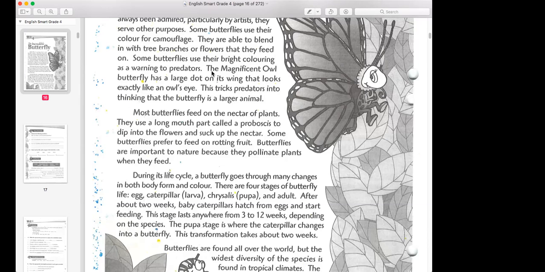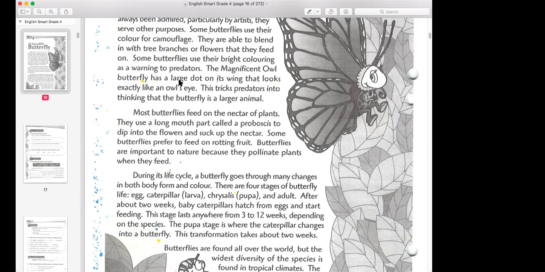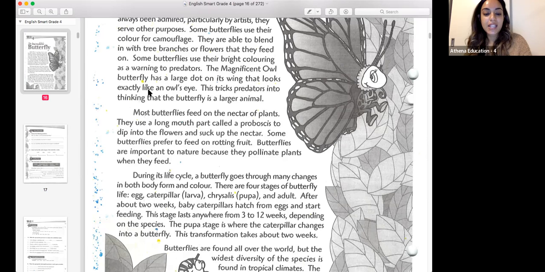The magnificent owl butterfly has a large dot on its wing that looks exactly like an owl's eye. Yeah, so the magnificent owl butterfly has a large dot on its wing that looks exactly like an owl's eye.